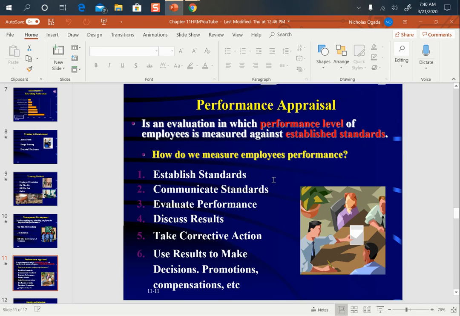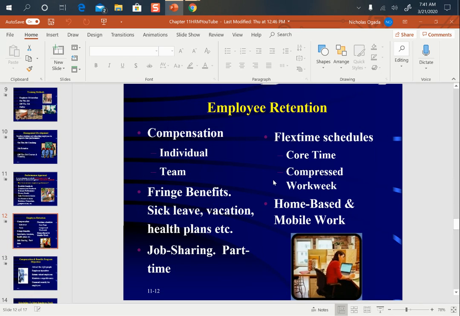Because of the subjectivity of the nature of the tool itself, it's hard really to tell how effective the performance appraisal is. There are some questions whether it's an effective way of measuring employees' performance. Again, I'll just throw it out there for you to think about: do you think it is really effective if some measures or items are more subjective in nature?